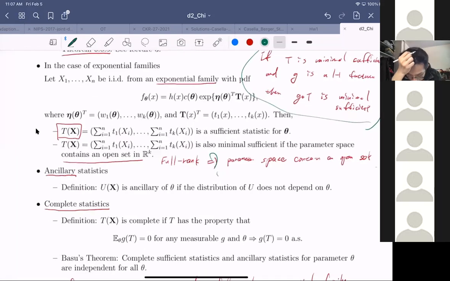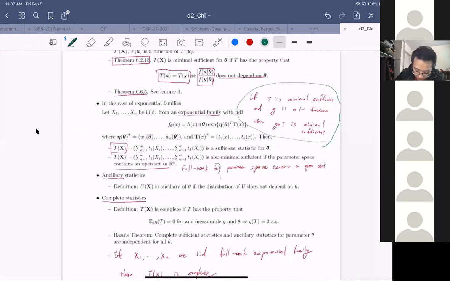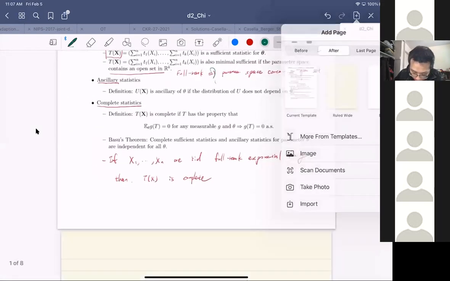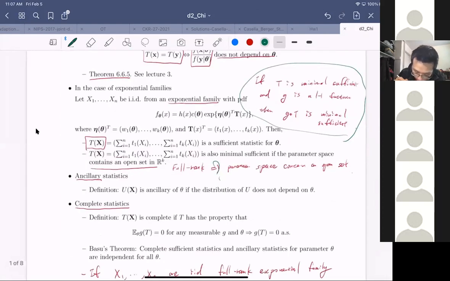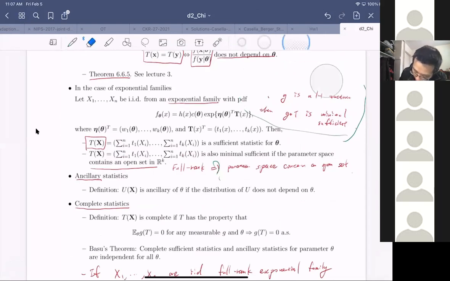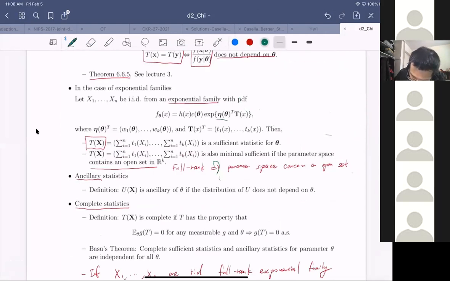So in here, this eta is a function of theta. Theta is our parametric space.